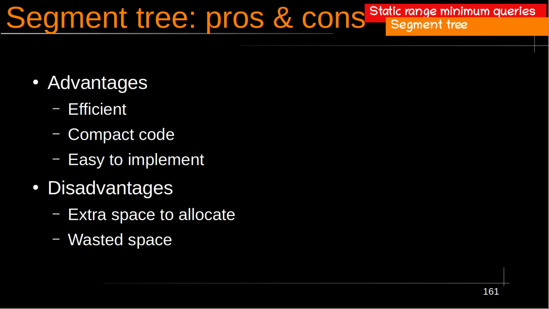So the advantages: it's very efficient, and the code is very simple, compact and easy to implement. Disadvantages: we have to allocate more space, and there is a lot of wasted space as we're going to see.